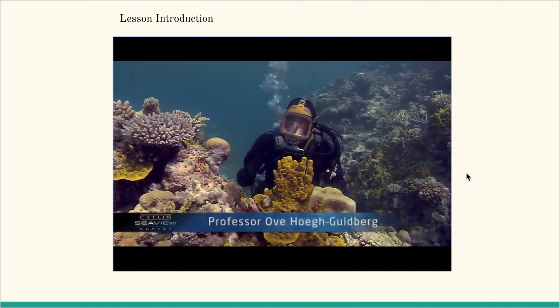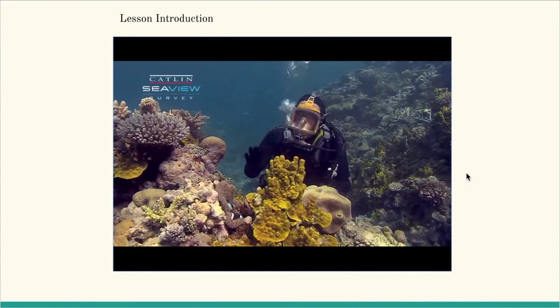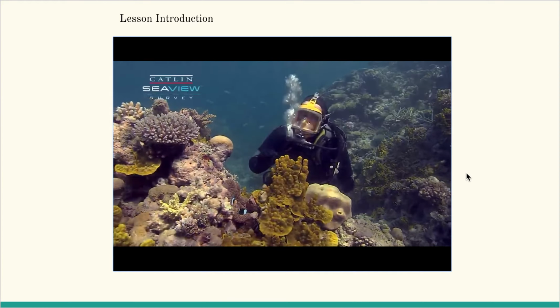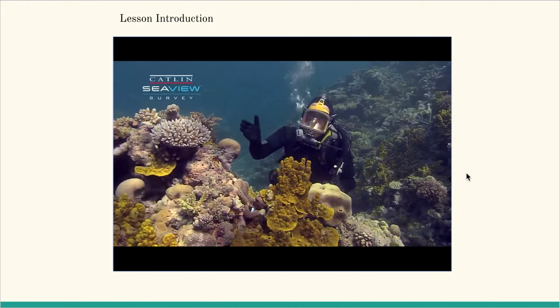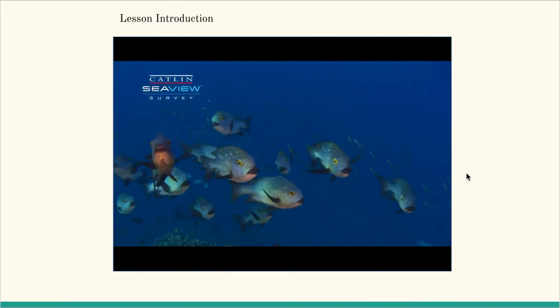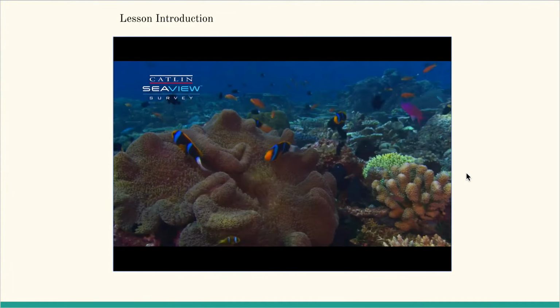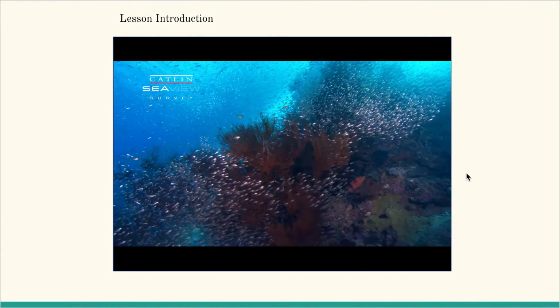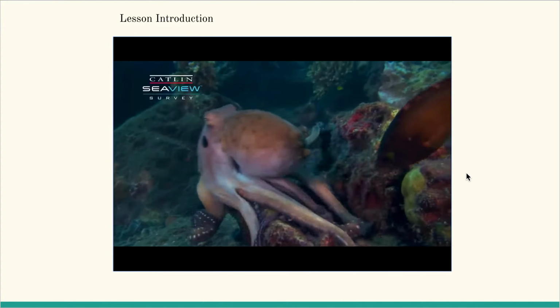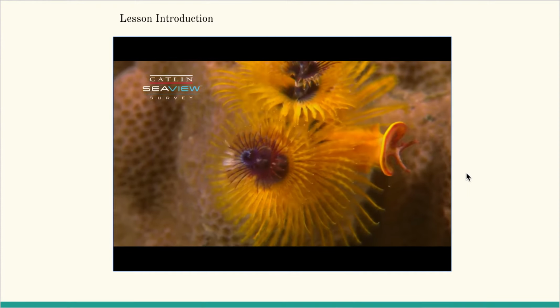One of the most amazing things about coral reefs is just simply the number of species that live on them. And in fact, if we just take the corals alone, there's over 500 species here on the Great Barrier Reef. If we then look at the fish, we've got about 1,500 different species of fish that live on coral reefs. If you go to the mollusks, the clams, the octopus, there's another 3,000 species. And the list goes on and on.